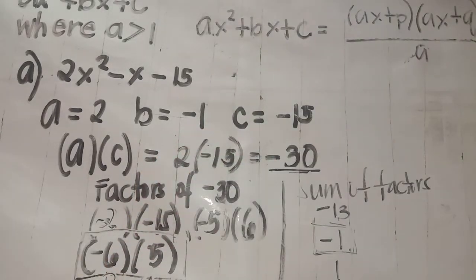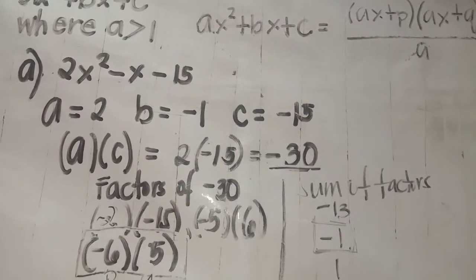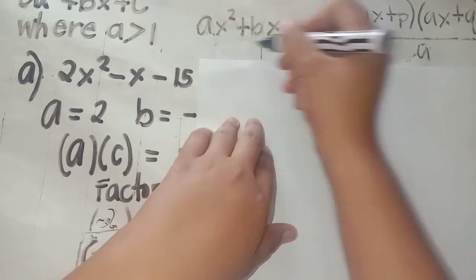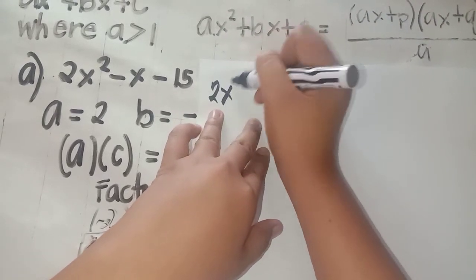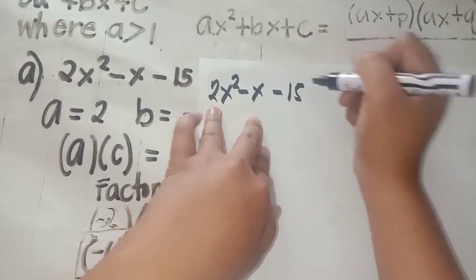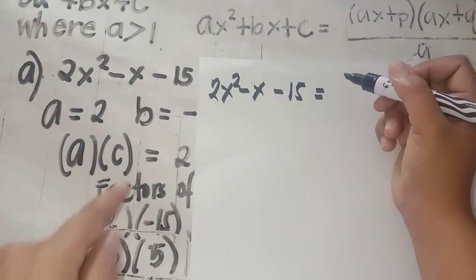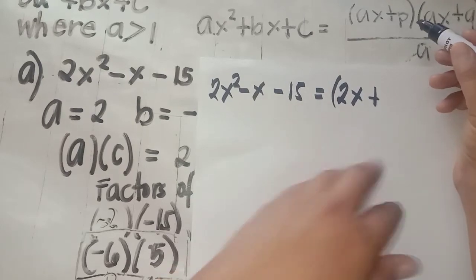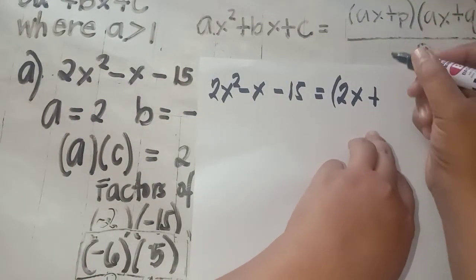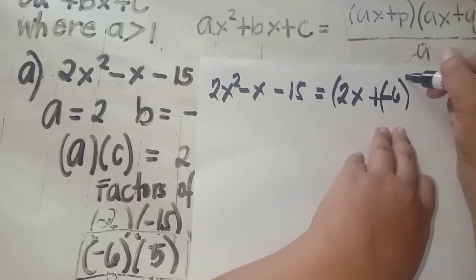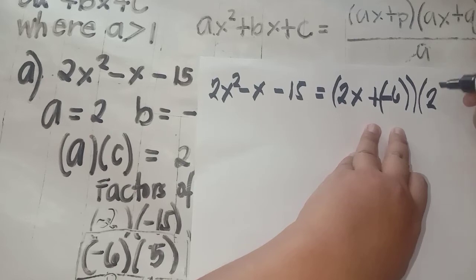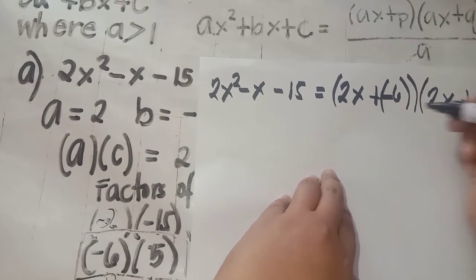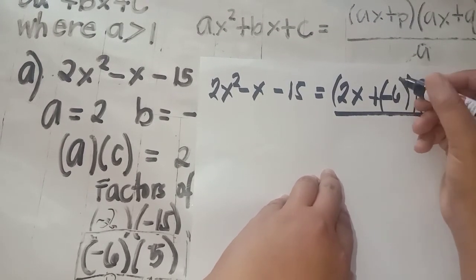After you identify p and q, substitute them into the form. Our trinomial 2x squared minus x minus 15 is equal to: our a is 2x, copy the variable, plus p, our p is negative 6, and then a again, 2, copy the variable x plus q, our q is 5, all over a, which is 2.